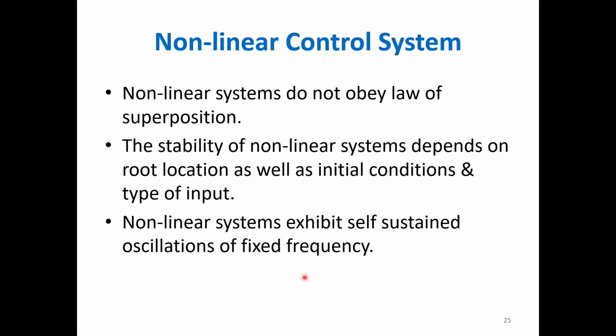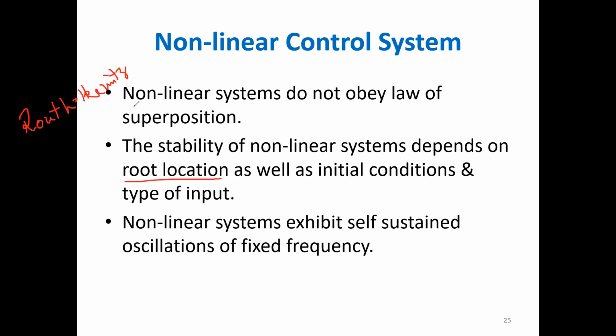By studying the Routh-Hurwitz criteria, we'll see the position of the root location.